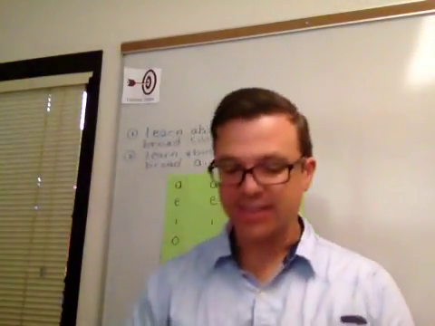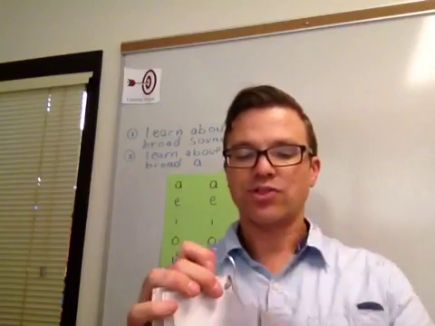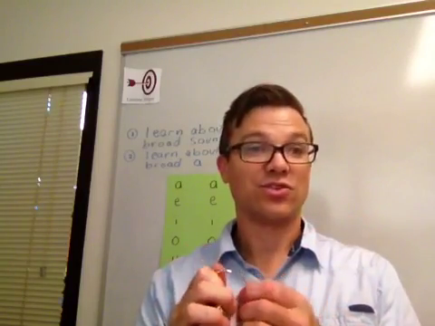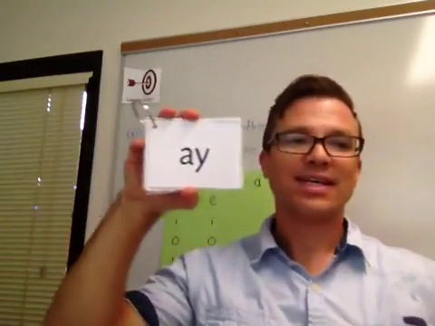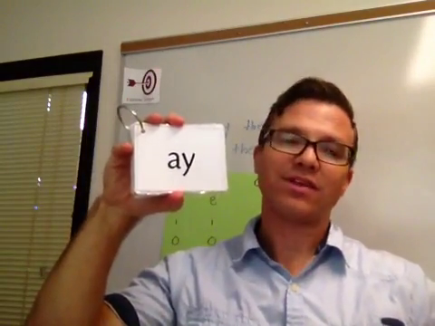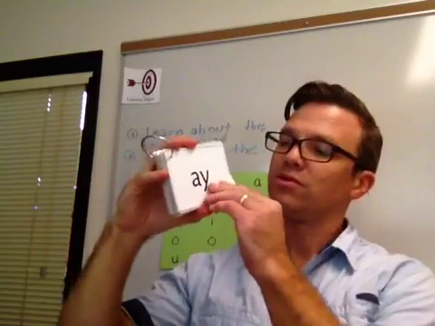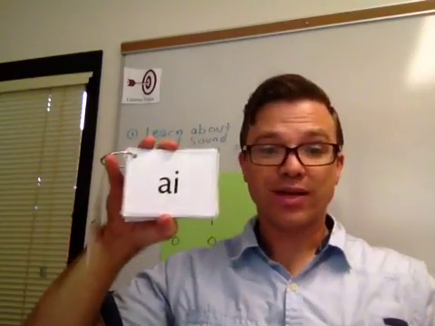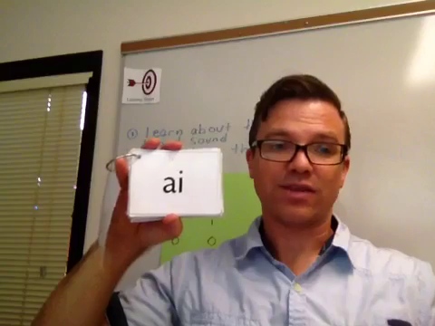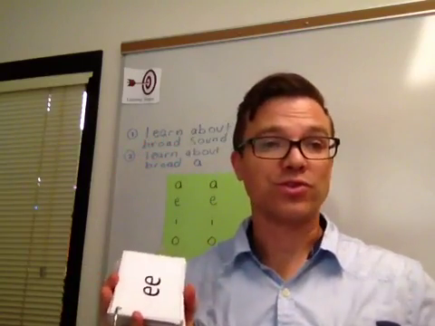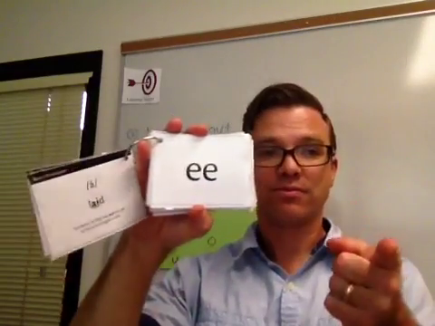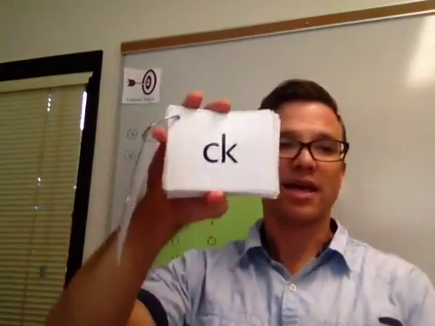So, I'm going to attach those sounds to my ring, and let's do a review. Okay? You ready? Say A that we may use at the end of an English word. Say two-letter A that we may not use at the end of English words. Okay, back to review, so you should know these. You ready? Say the sound.